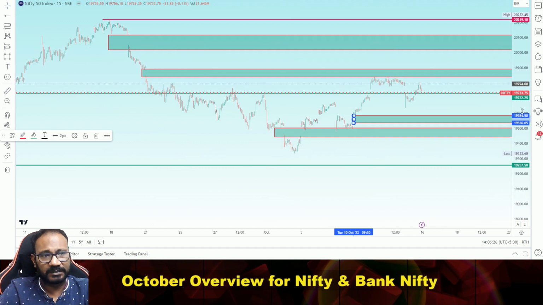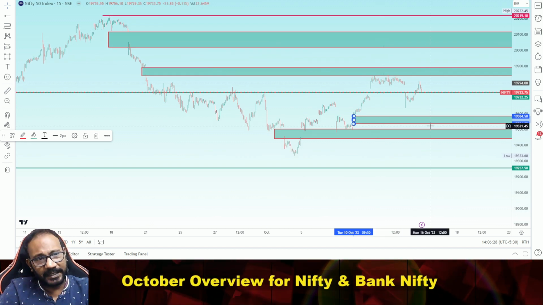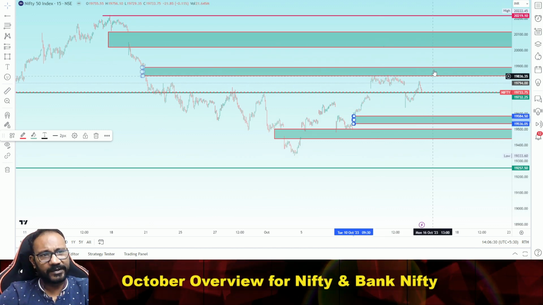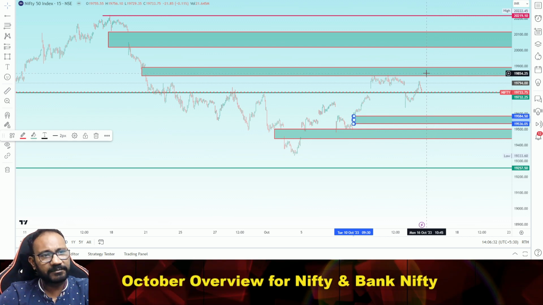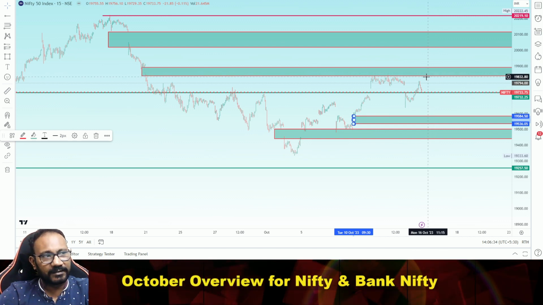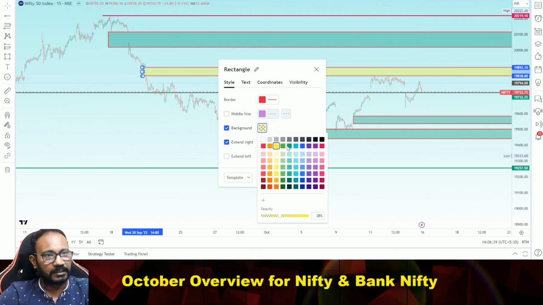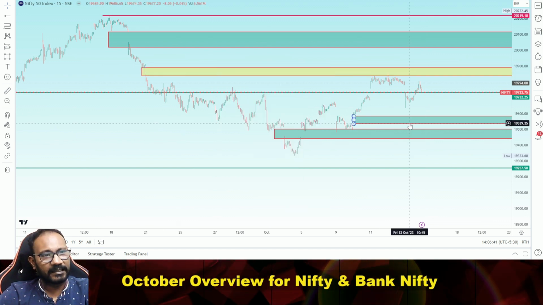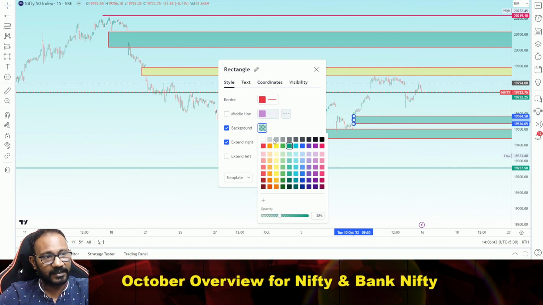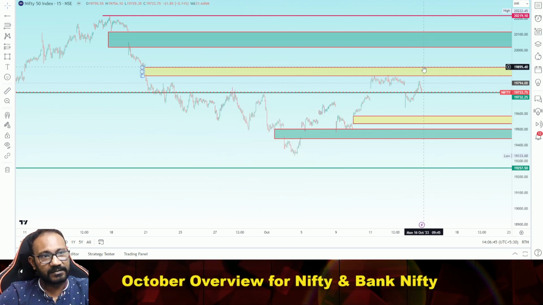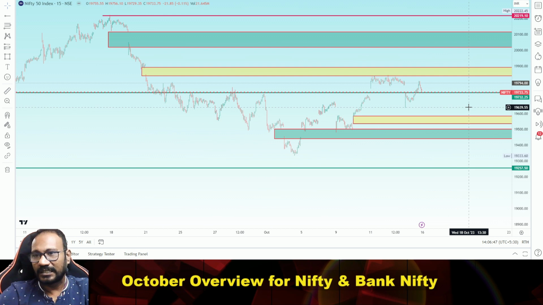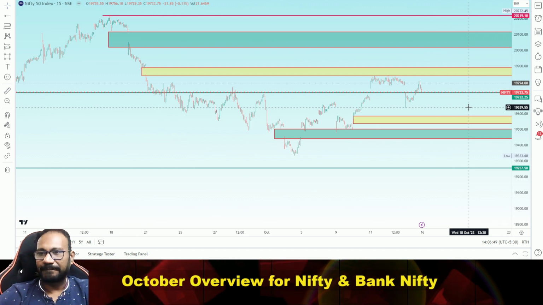I don't want to jump into that, but the likely scenario is the market might be trading between. Maybe I will change the color to show. One of the likely scenarios is that the market might trade in this zone till we have clarity.